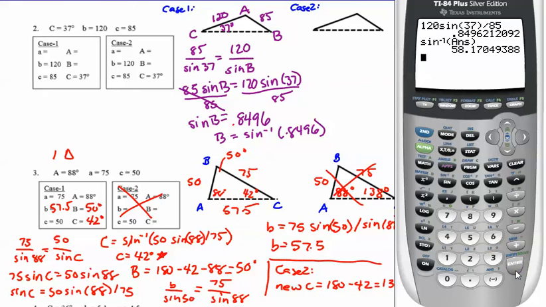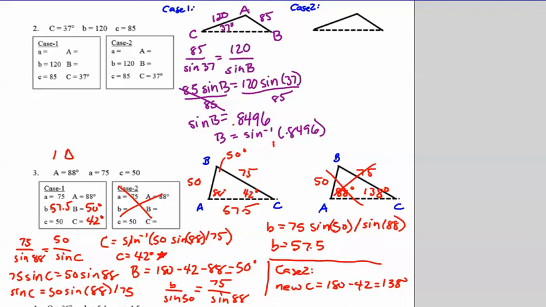Okay, and I'm rounding my angles to the nearest degree, so I'm going to put 58 degrees there. Okay, so I have 58 degrees here.